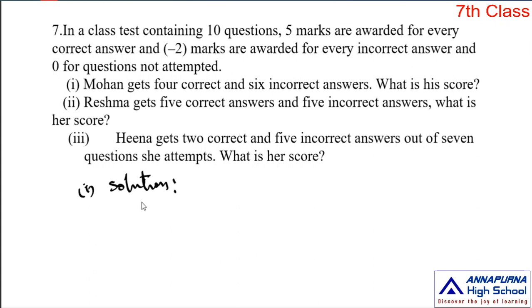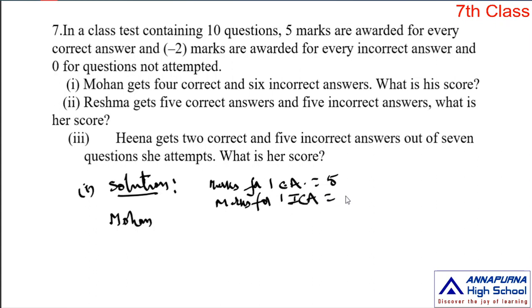It is very simple and very easy. So first you take Mohan. 5 marks are awarded for correct answers. So let me write marks for 1 correct answer. CA means correct answer, is equal to 5. Marks for 1 incorrect answer is equal to minus 2.